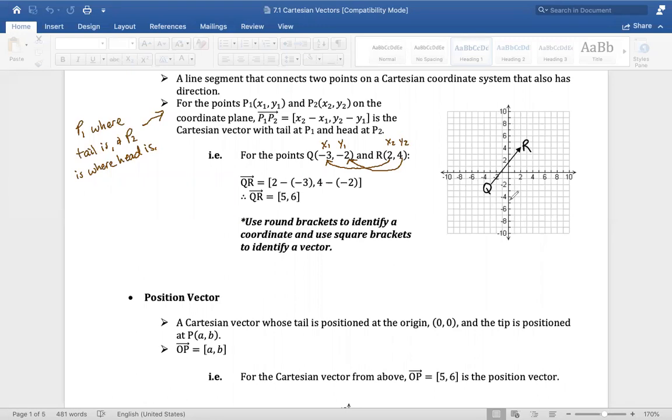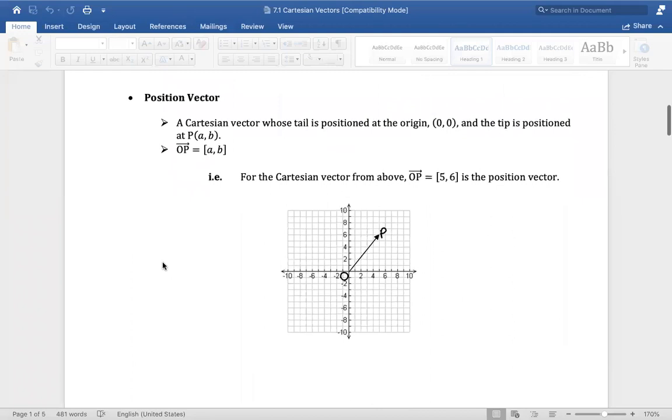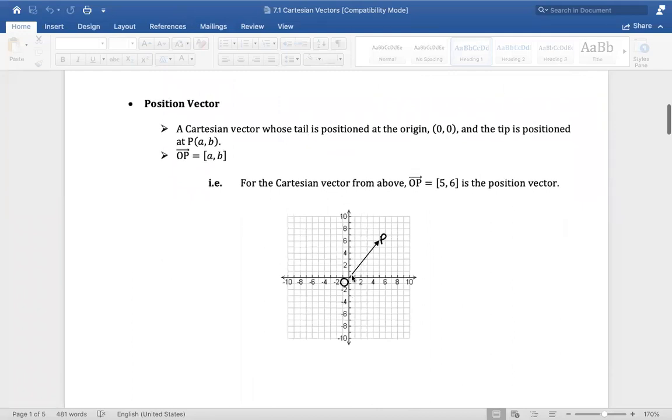Whereas a position vector, I can erase everything, is a Cartesian vector whose tail is positioned at the origin, 0, 0. So a position vector just means that its initial position is at 0, 0, and the tip is positioned at wherever it is.